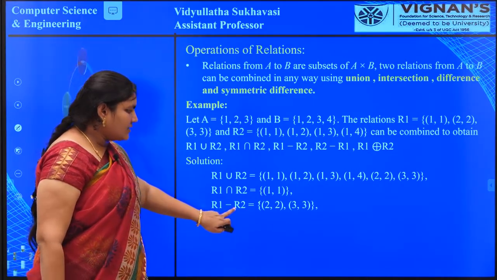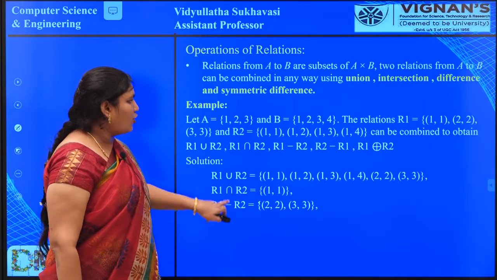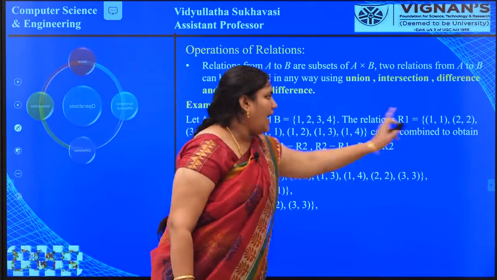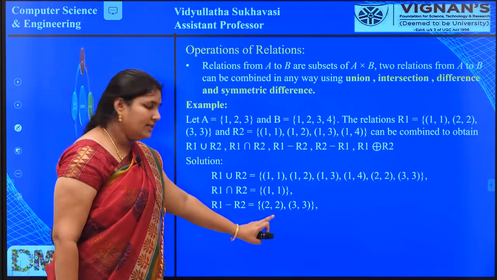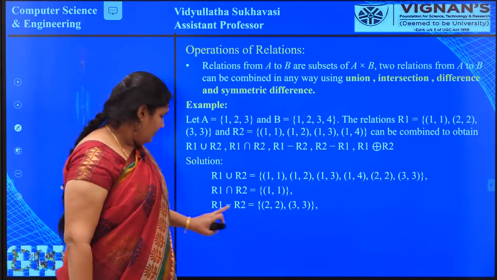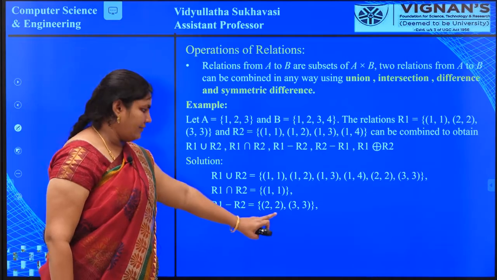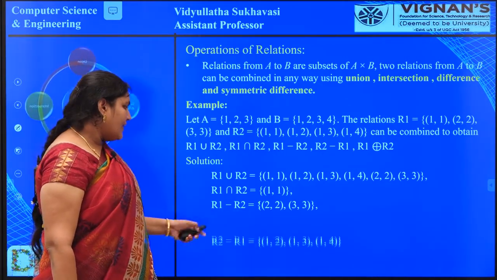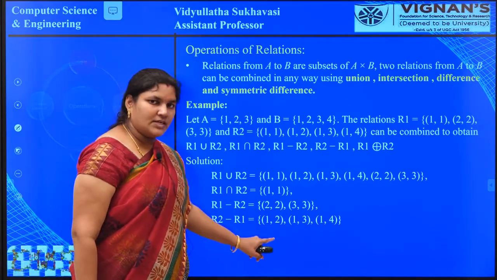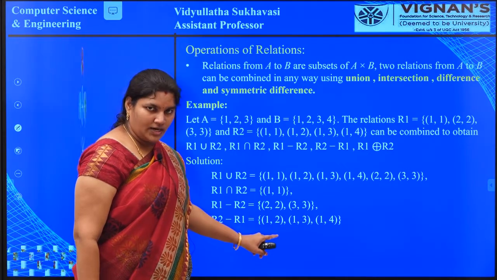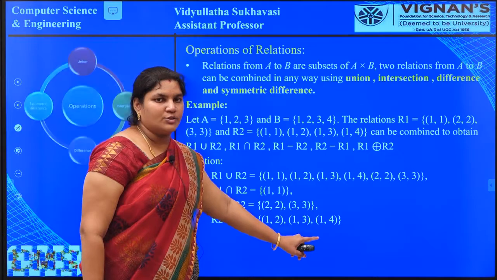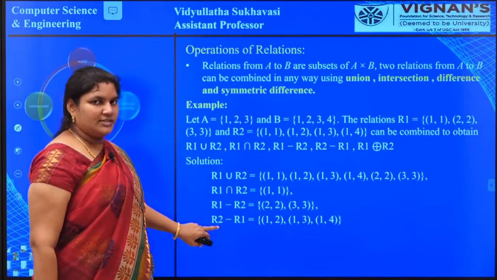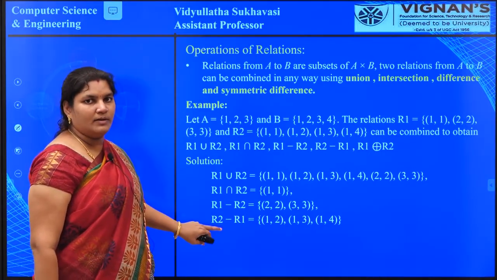In R1 minus R2 we have subtracted the common ordered pair and represented only the elements left in R1. And in R2 minus R1 we have removed the common ordered pair, and then represented the remaining elements of R2.